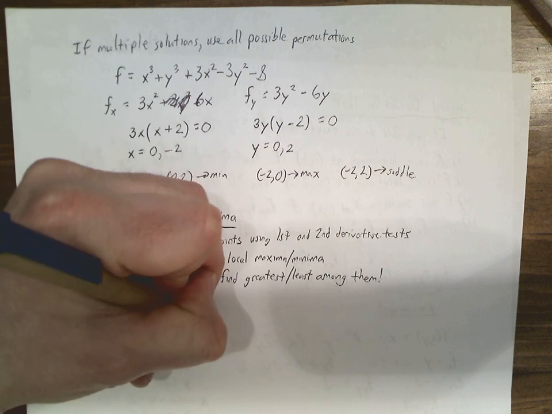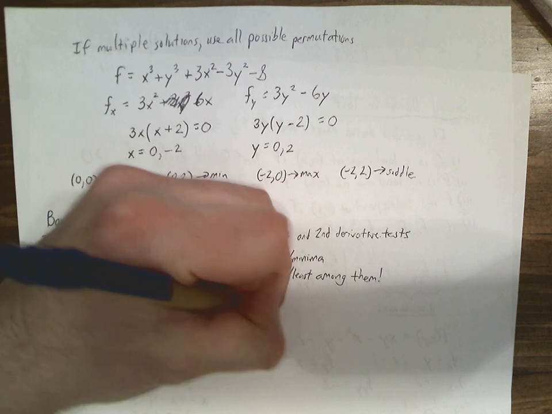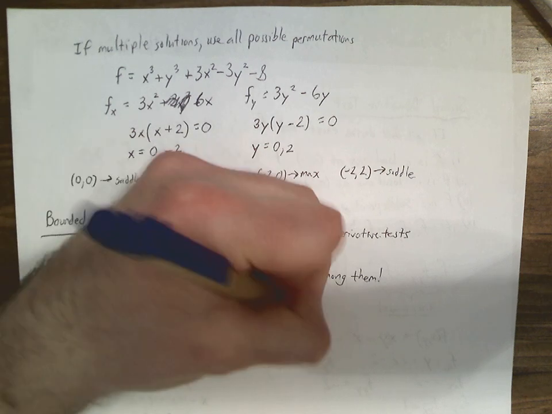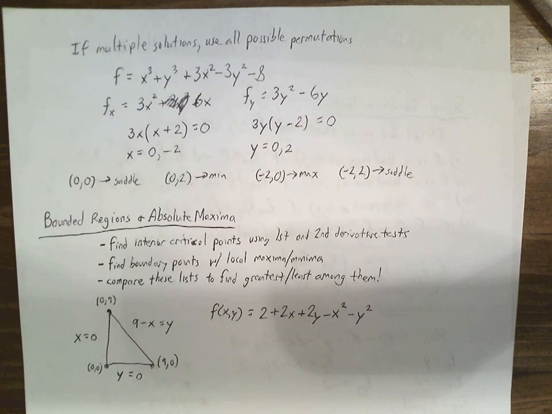So we're going to look at the function f of x and y equals 2 plus 2x plus 2y minus x squared minus xy on this triangular region. So this function is doing some kind of wavy thing inside this triangle. We're going to figure out what the largest and smallest points are in this specific region. So we start by finding the interior critical points.